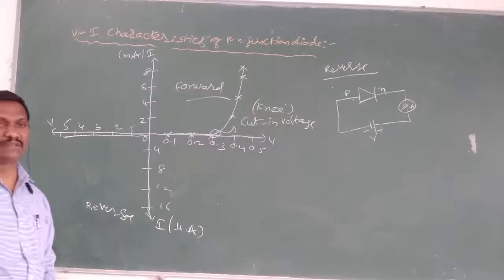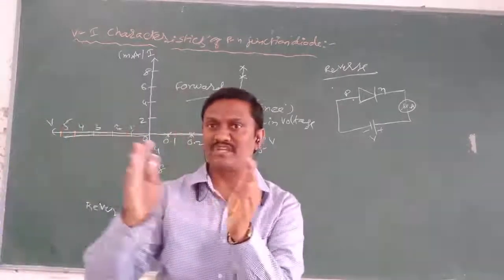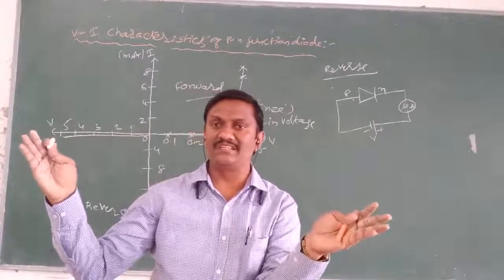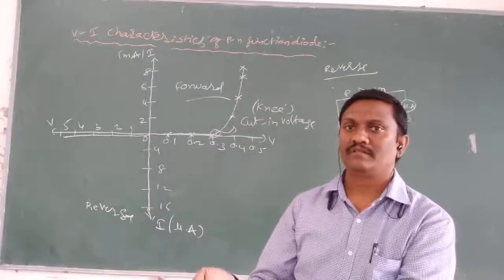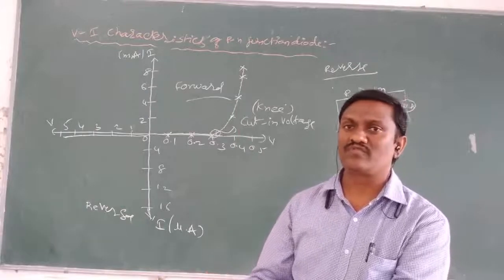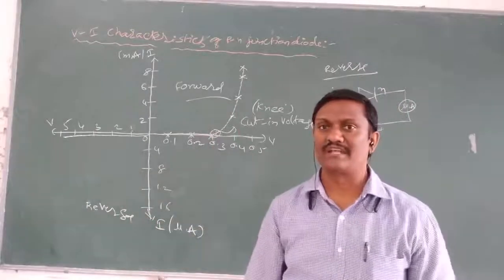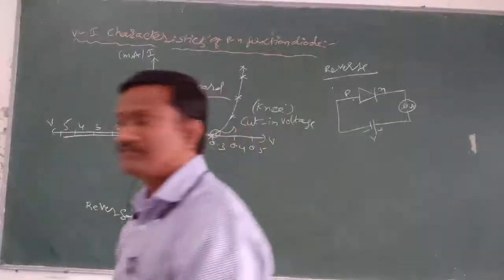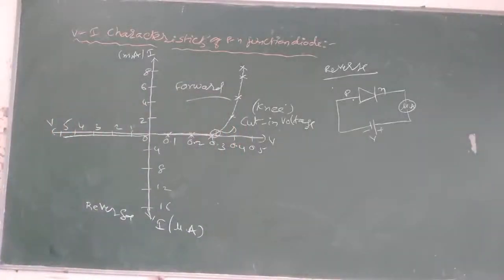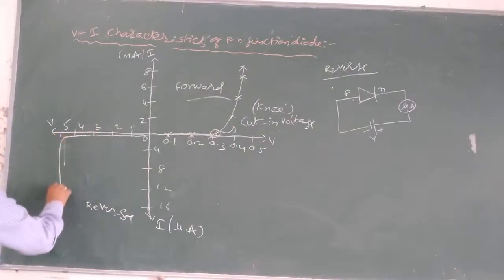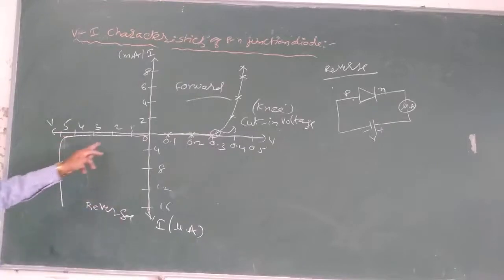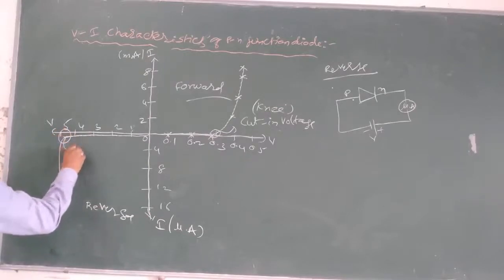Beyond one certain potential, the majority carriers in both regions move away from the junction and the width of the depletion layer increases. Beyond a certain potential, covalent bonds are broken. The electrons and holes come out of the covalent bonds and cross the junction, and current conduction takes place. Across one particular potential, current increases very sharply, because at this potential the junction breaks down.